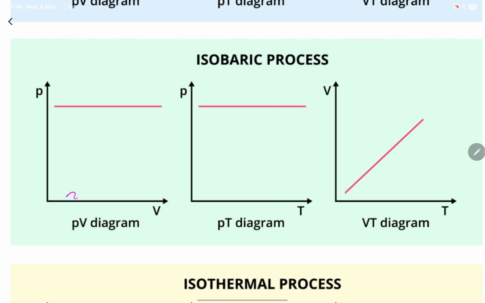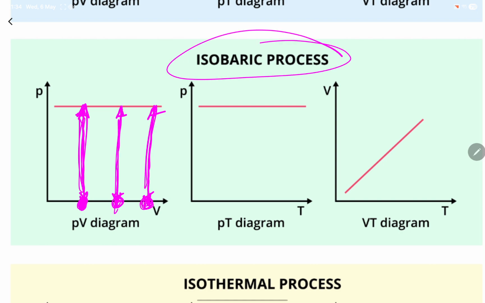You change the volume, you go along this direction or that direction, that doesn't matter because our pressure is fixed. You see, this height is fixed. I'm increasing the volume, this value is much smaller than this one. Now I am increasing the volume, but still my pressure, which is this height, is fixed.